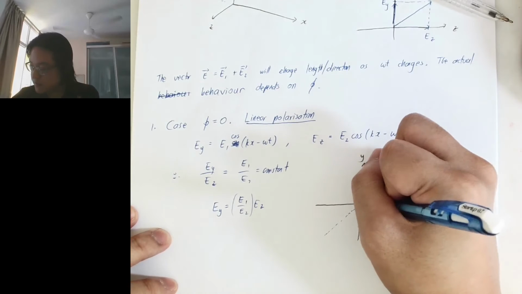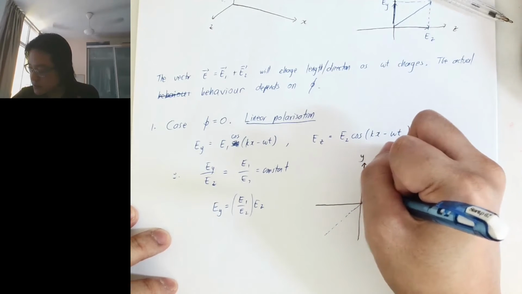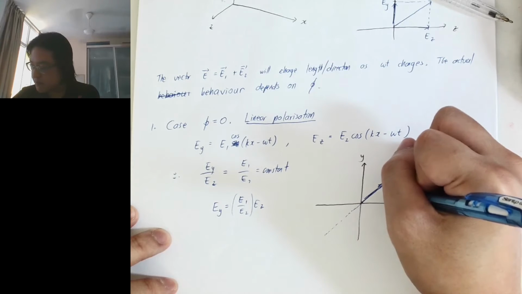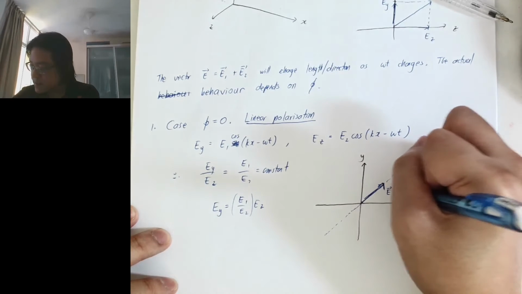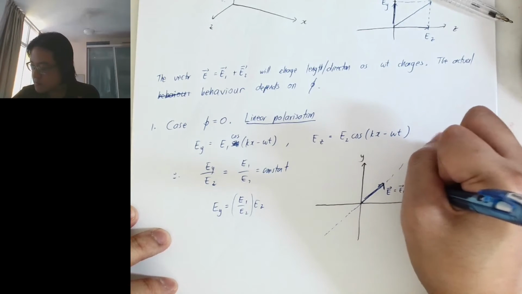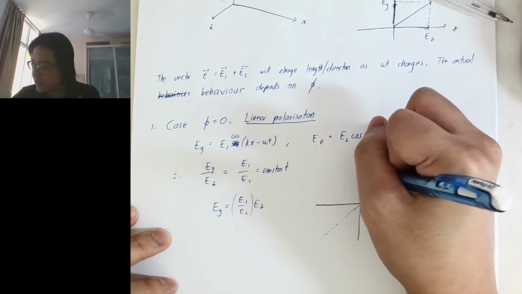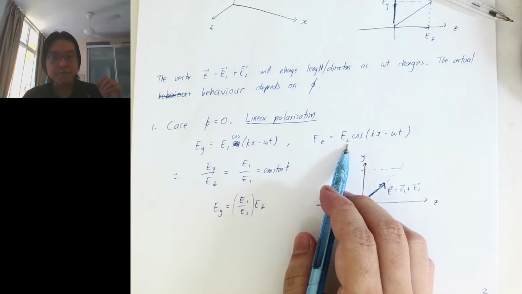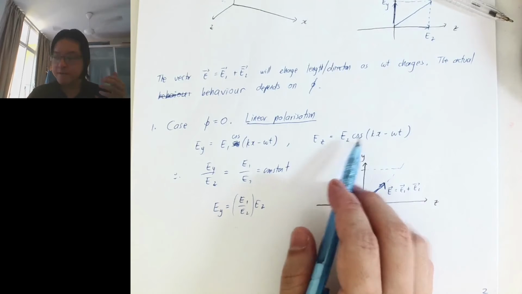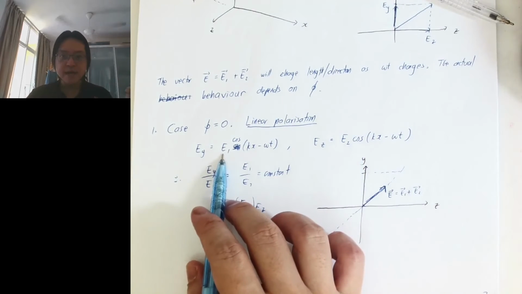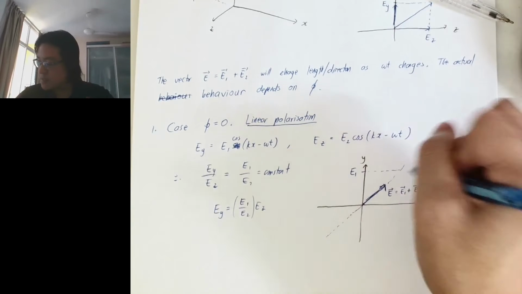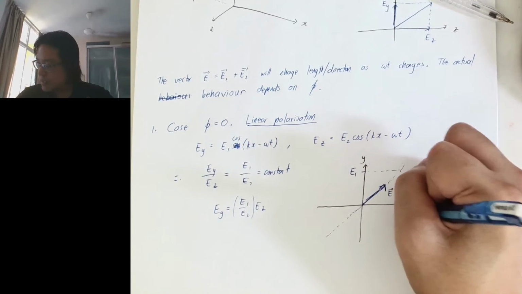Let me draw this vector. So this is my vector E, which is E1 plus E2. E2 is the amplitude of the second light, E1 is the amplitude of the first light, so it cannot go higher than that. First light is here, second light is here.